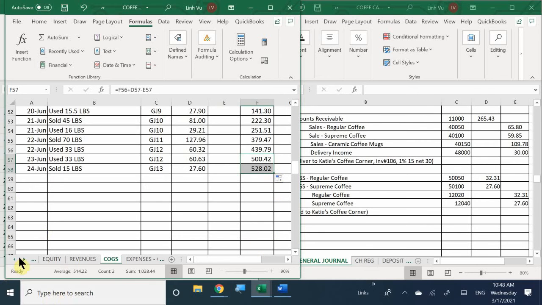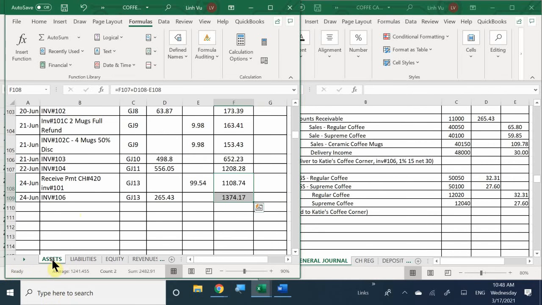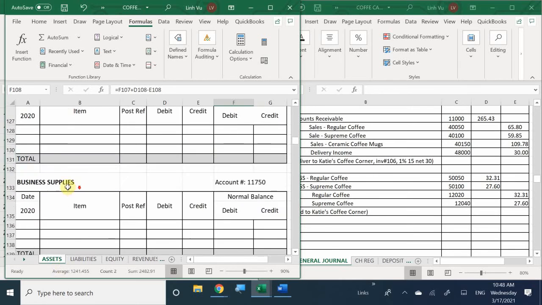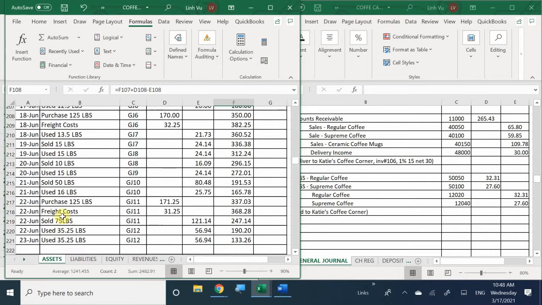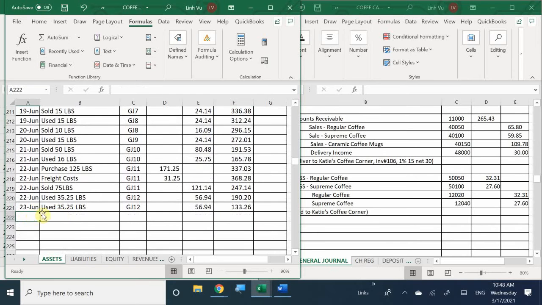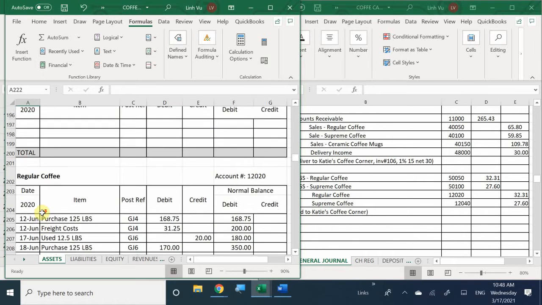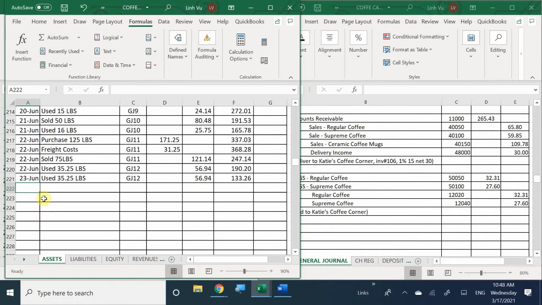Okay, good. Last but not least, we have to update our actual inventory accounts. Here's my regular coffee. 624.